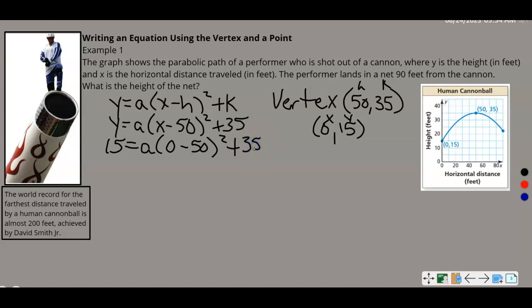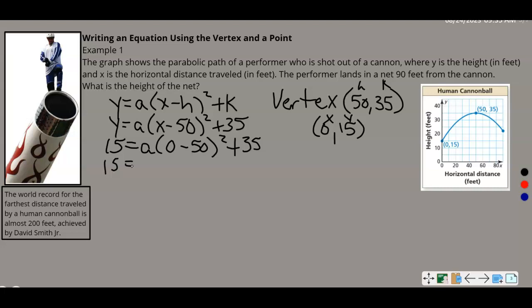Once we do that, we only have one variable, a. So we want to solve for a so that we can use a and the vertex to write our equation.